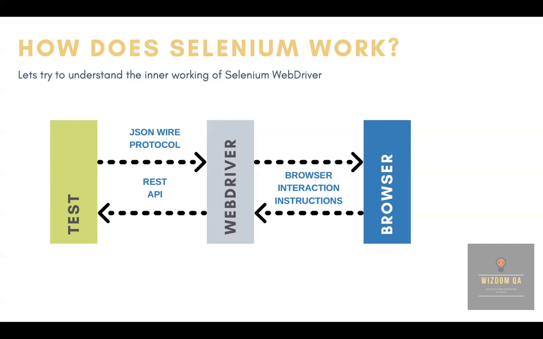WebDriver opens up a REST endpoint which accepts the event from your test case, like .click or .send keys, and then converts it into a JavaScript execution or a JavaScript event, and that gets fired in the browser, and then the browser responds back with the status code.